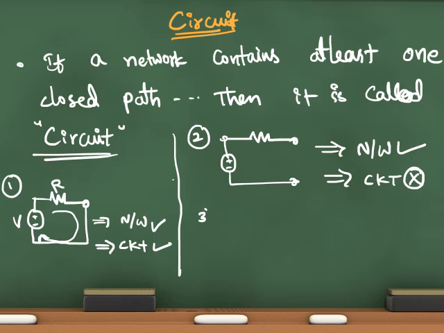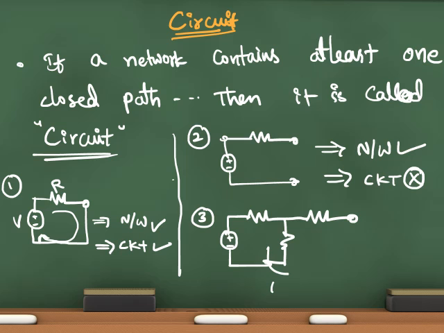And in the third case, if you observe, here it has one closed path. Of course, here no closed path. As per the definition, having at least one closed path is enough. So that's why it is a network and a circuit.